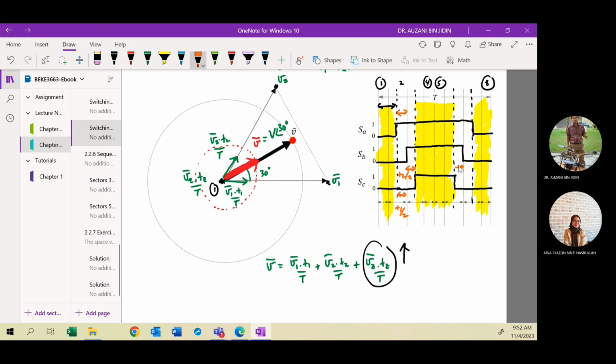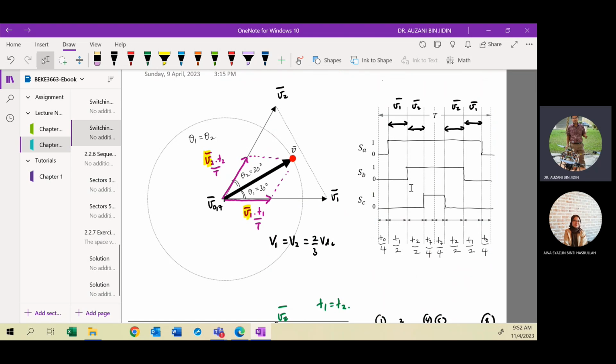This one, T2 divided by 2, and this interval, T1 divided by 2. So the size of the intervals for selecting the adjacent vectors V1 and V2 will be smaller compared to the above. See? Above here, the size will be expanded, because you want to produce a much longer amplitude of the space vector. But the interval for selecting the zero vector is small in size.